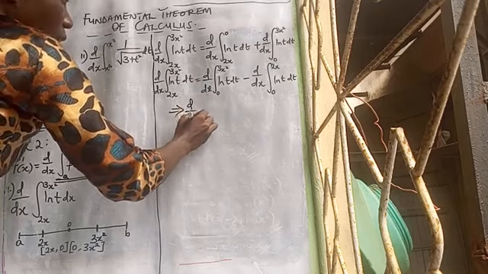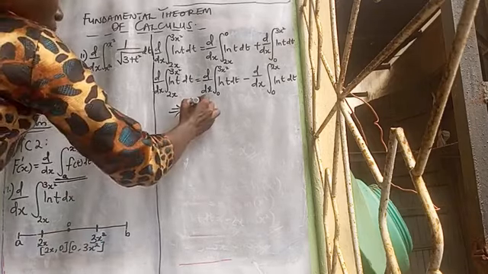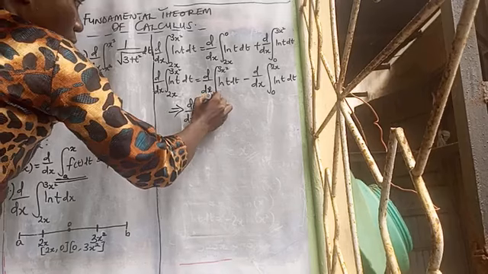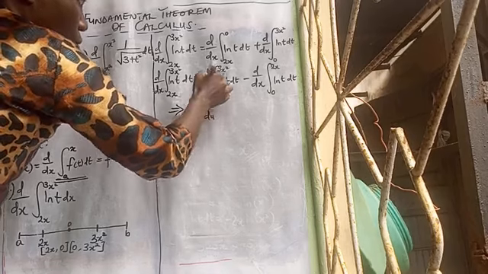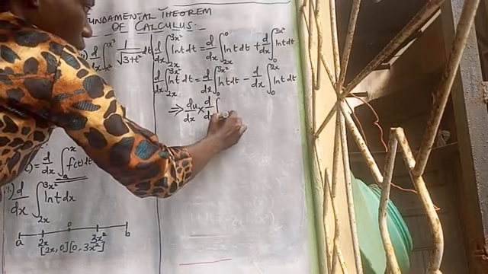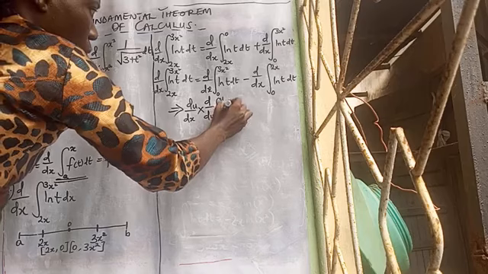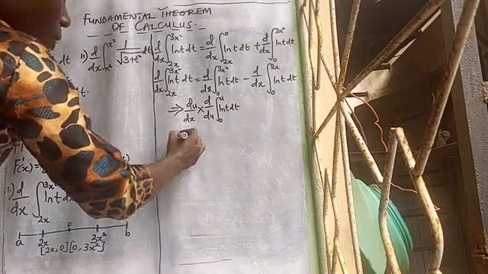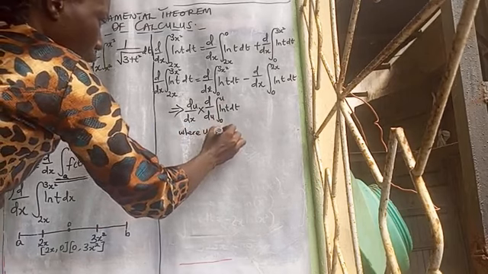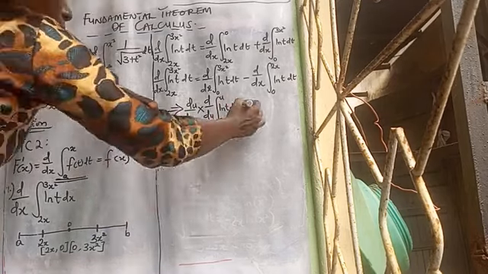d/dx, or better yet, du/dx times d/du of this. Our u now becomes the integral from 0 to u of ln t dt, where u is equal to 3x squared.